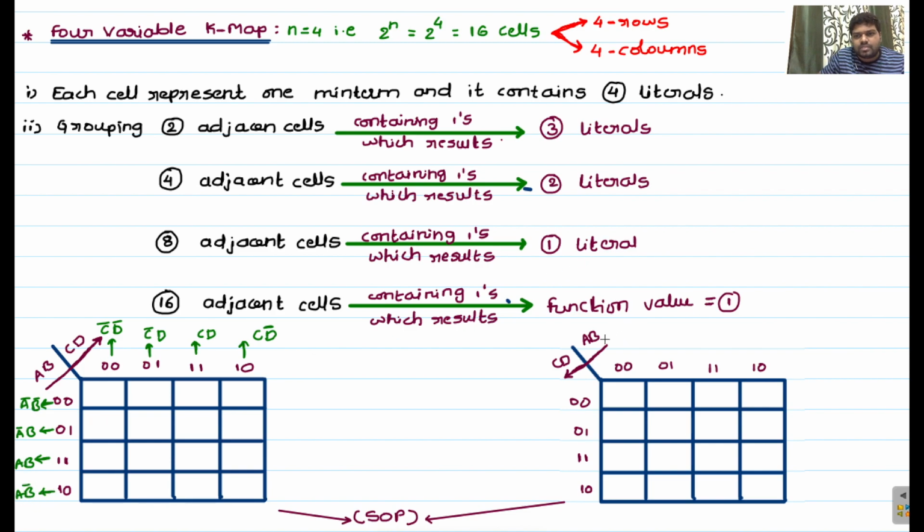The same thing you can represent on the other side: A bar B bar, A bar B, A B and A B bar, and here C bar D bar, C bar D, C D, C D bar. Okay, so these are the complemented and uncomplemented variables.